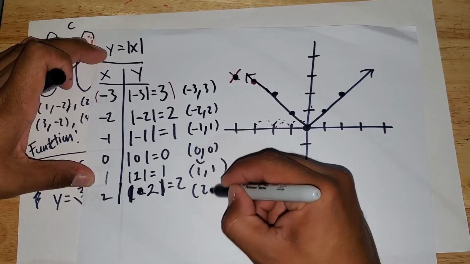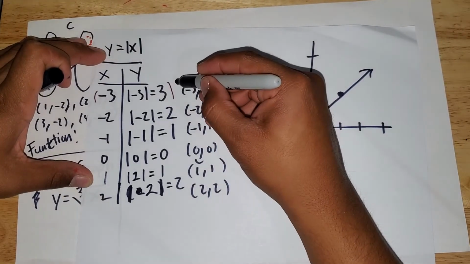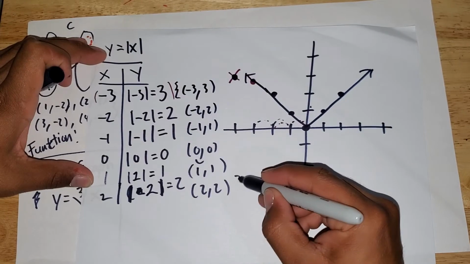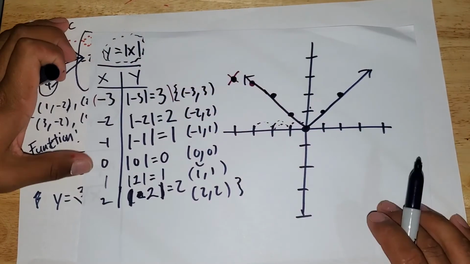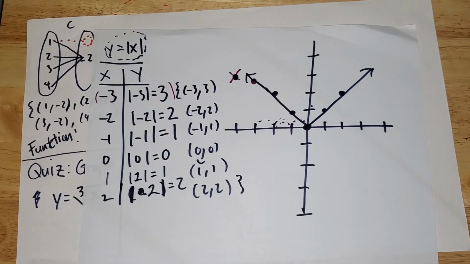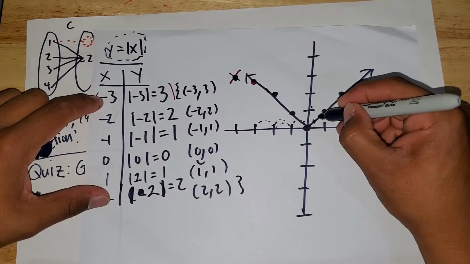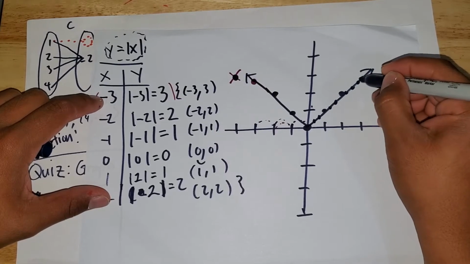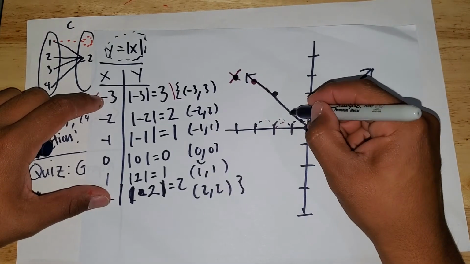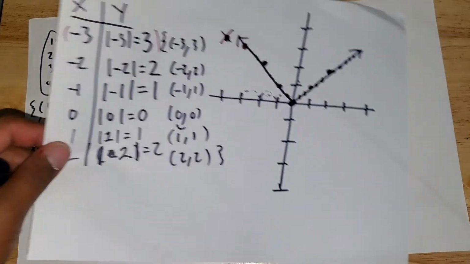And then this was 2, 2. These are all ordered pairs. And they are made up of this equation. So technically, this equation is creating a humongous relation. Because here's a point here, here's another ordered pair, here's another one, and another. There's an infinite amount of ordered pairs on this graph.